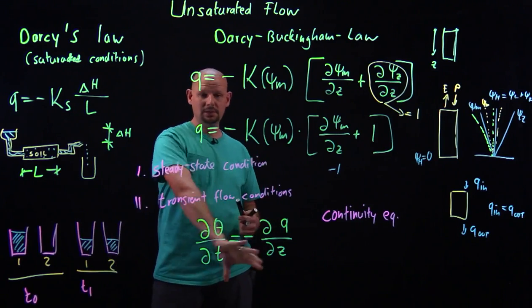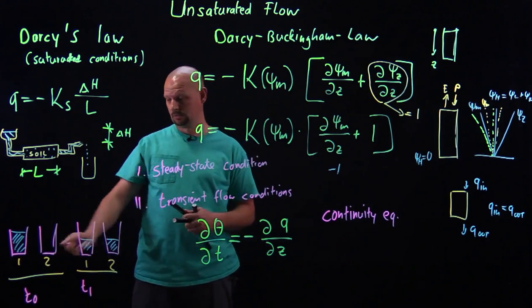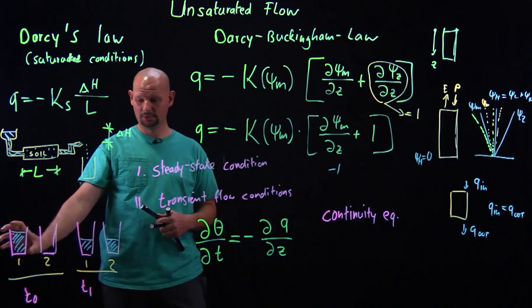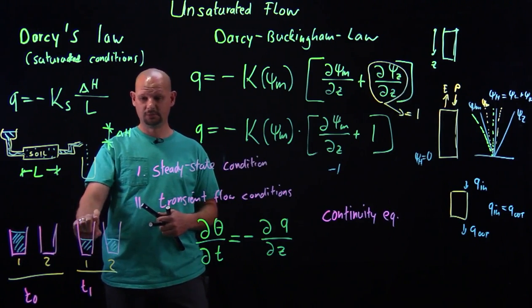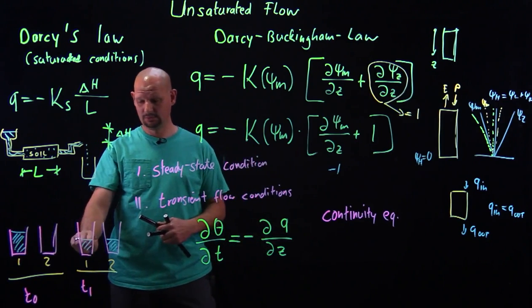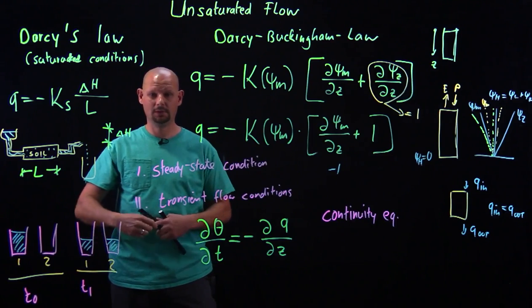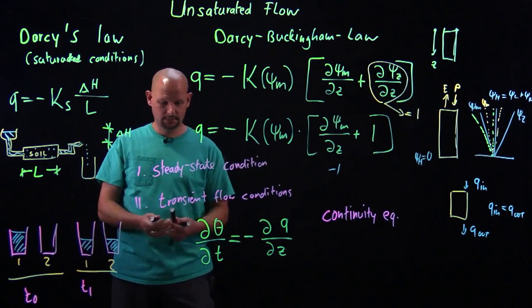So what this means pretty much is, the change in time, meaning if we look at glass number 1, the change in time is that we lose half of the volume, which is equal to the change in space, which is then the change that goes from this glass into the other one. That's the whole secret behind that equation.